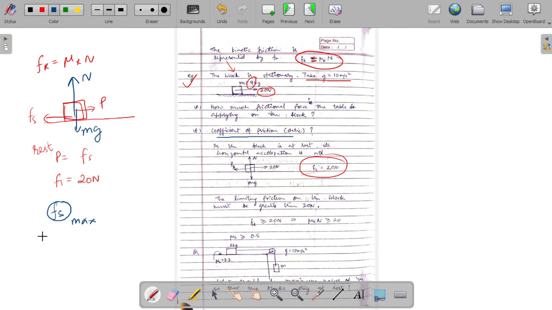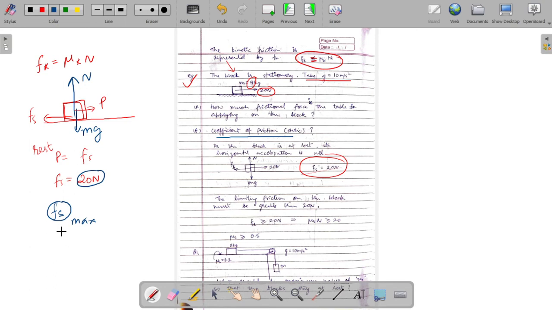Now what the question is asking is that, okay, we know that the static friction is 20 Newton, but what is the coefficient of static friction? So to find the coefficient of static friction, we would have to think about limiting friction, and we know that the block is not moving for 20 Newton force, right? So what should be the minimum value of static friction available for us? The minimum value of static friction available for us is this 20 Newton, right?